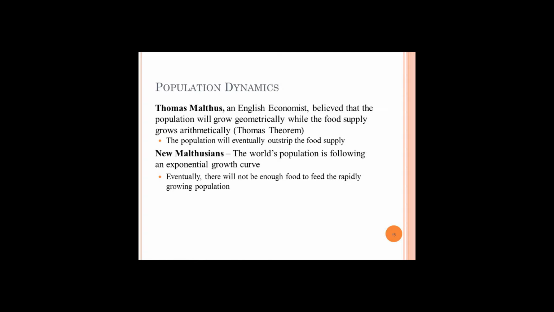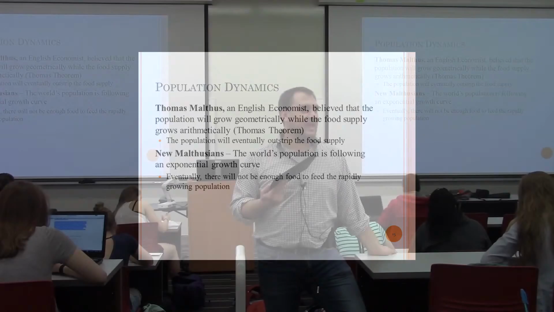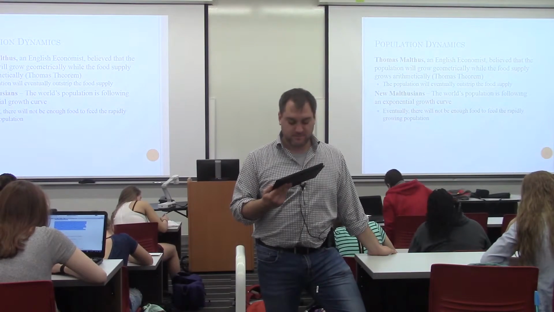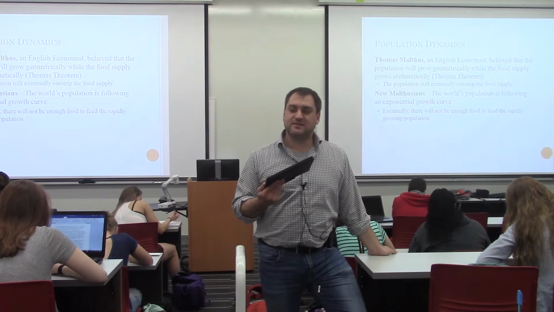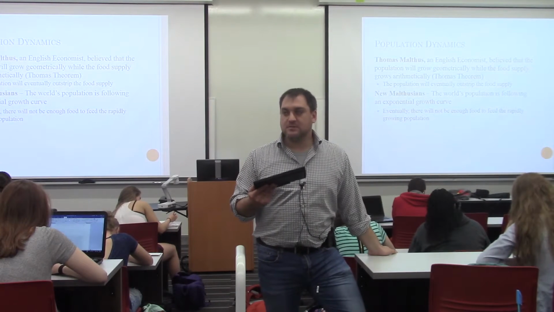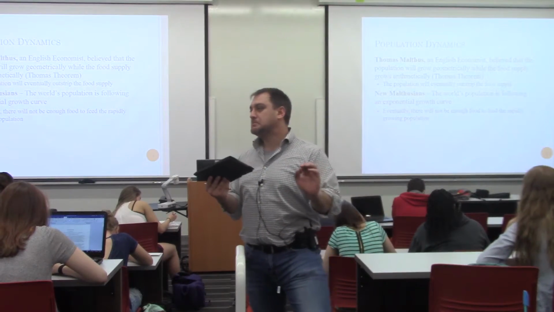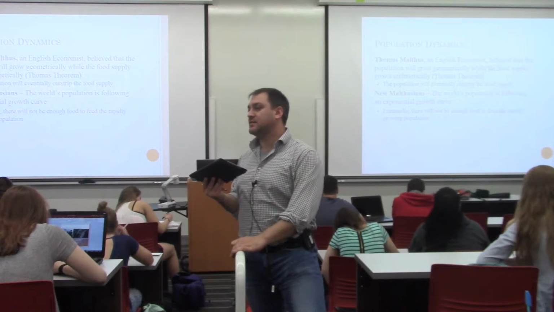So Malthus' prediction about population growth was a prediction of doom. We're growing faster than we can support or sustain ourselves. We are at an unsustainable pace of population growth. And in fact, there's a group of people known as the new Malthusians that say Thomas Malthus is correct.